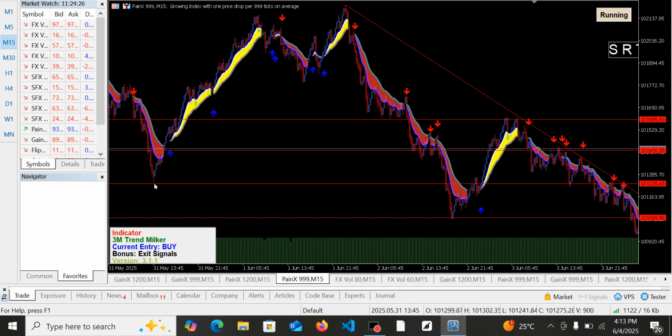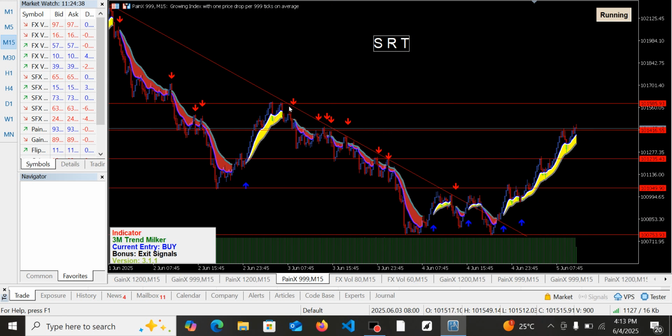So it came down and broke out from the last support zone to form a new support zone, tried to go back into an uptrend but didn't go too far, and it went back down to try out this support zone again. You can see it broke out below it and got to this region. This is where the magic came in.